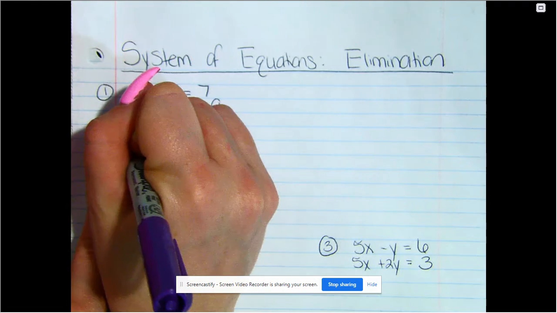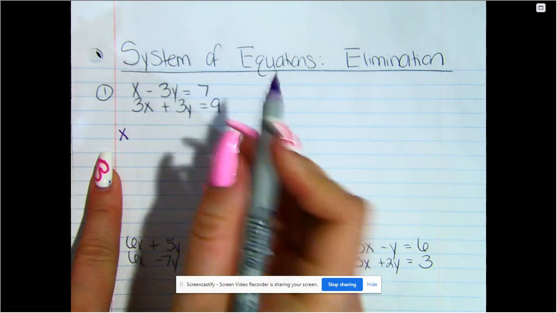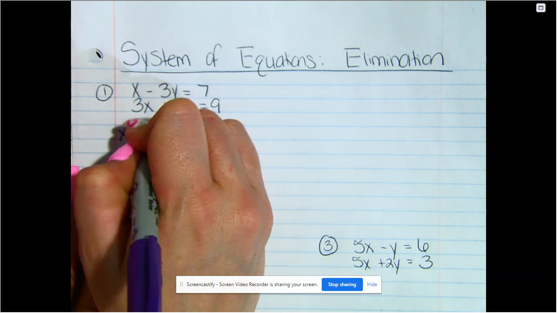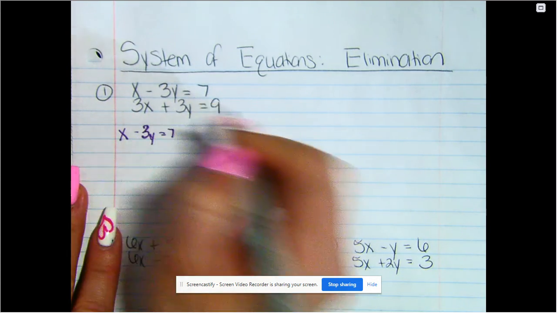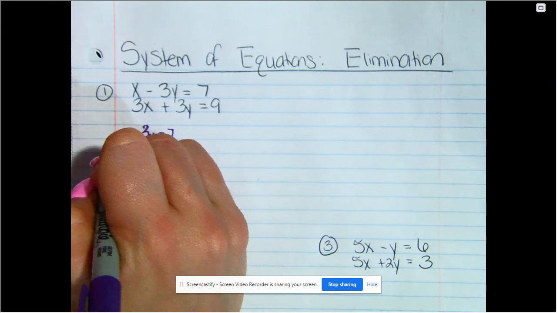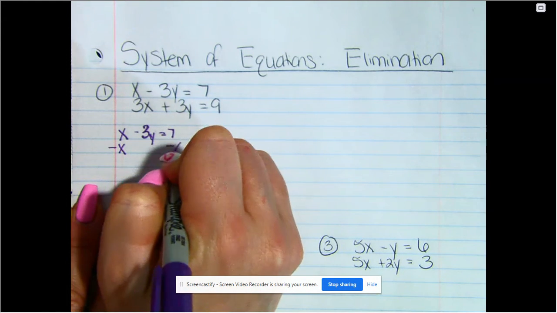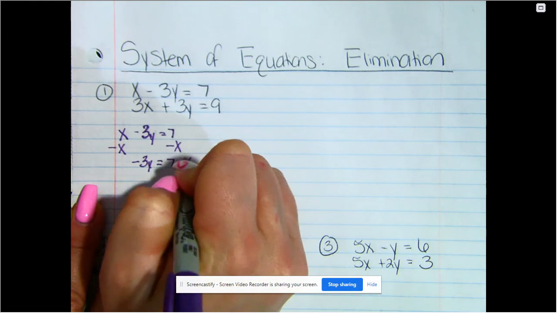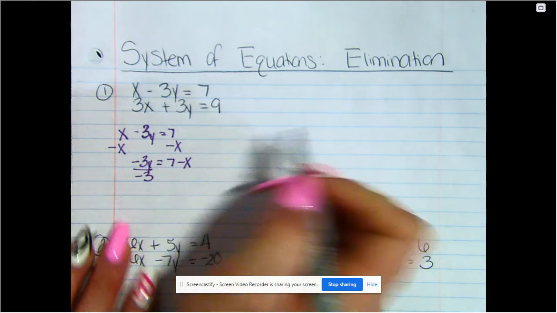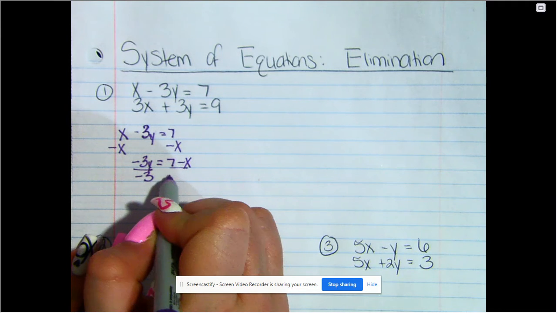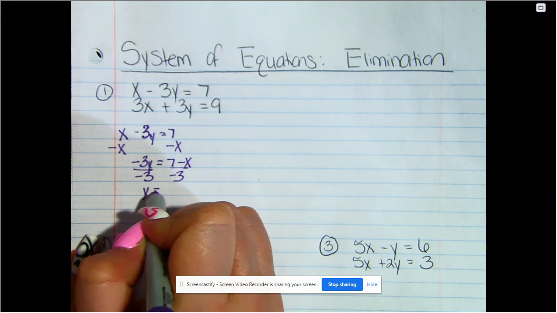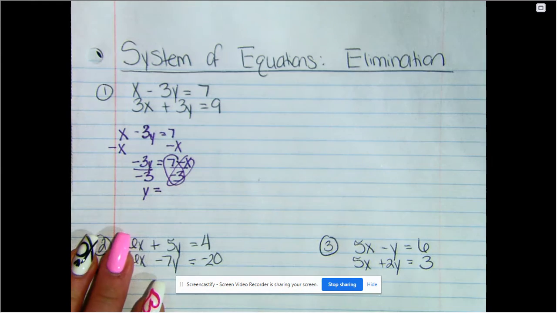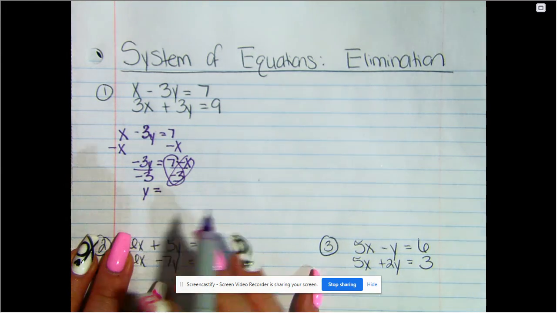You could do x minus 3y is equal to 7 and change that by subtracting x on both sides, getting us negative 3y is equal to 7 minus x, and then the opposite of multiplying is dividing. So dividing by negative 3 on both sides. As you see, we're going to end up having fractions because these do not divide evenly. So I'm just going to stop there.